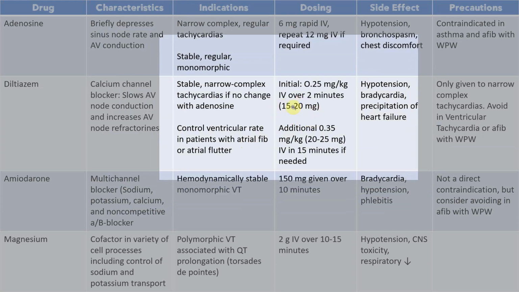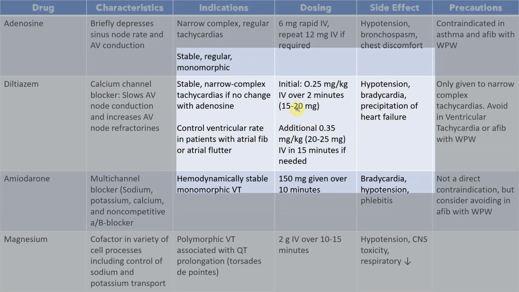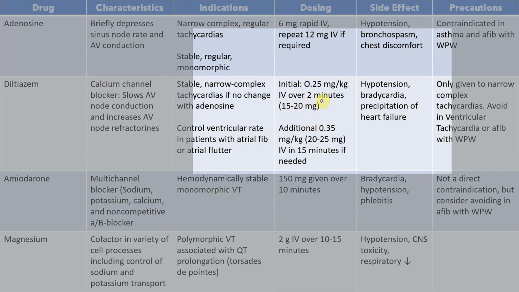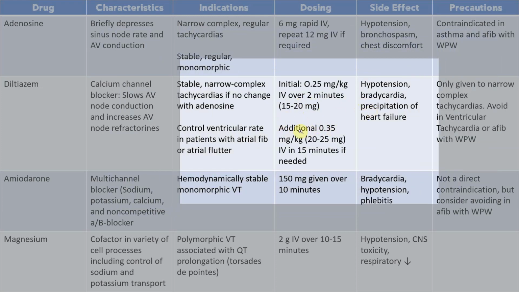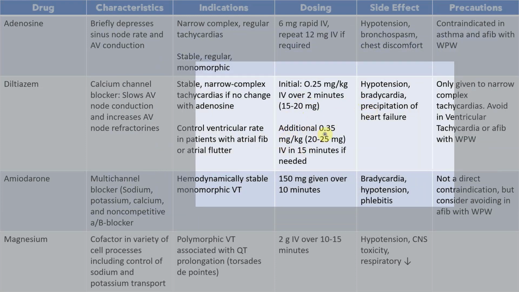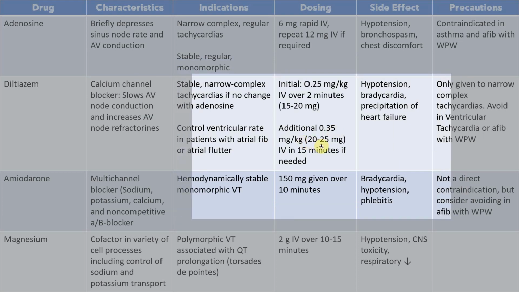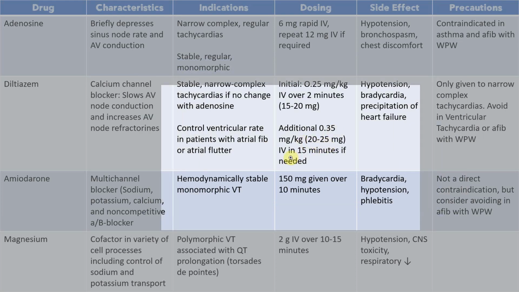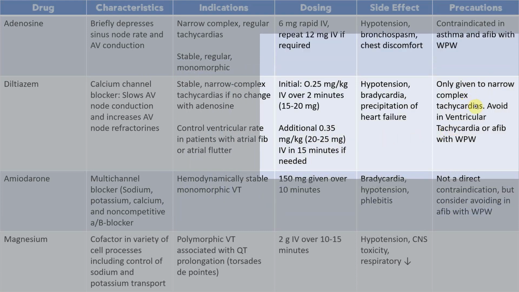But it's generally around 15 to 20 milligrams, and you truly do want to give it over 2 minutes because Cardizem can cause hypotension, bradycardia. You can give another dose in about 15 minutes. You're going to increase that by 0.10 mg per kg, which generally ends up being around 20 to 25 in about 15 minutes. Again, only give to narrow complex tachycardias.